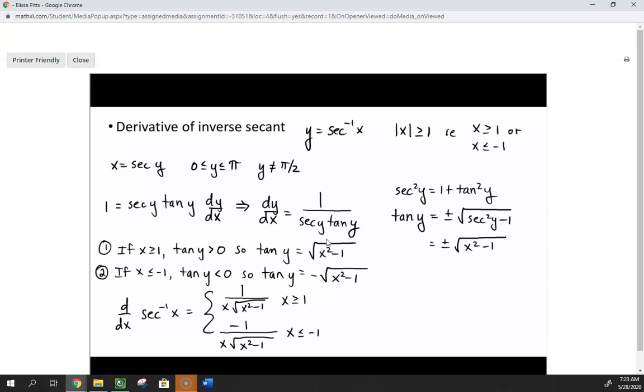So using absolute value, we can write the derivative with respect to x of the inverse secant of x as 1 over the absolute value of x times the square root of x squared minus 1. This is valid for the absolute value of x greater than 1.